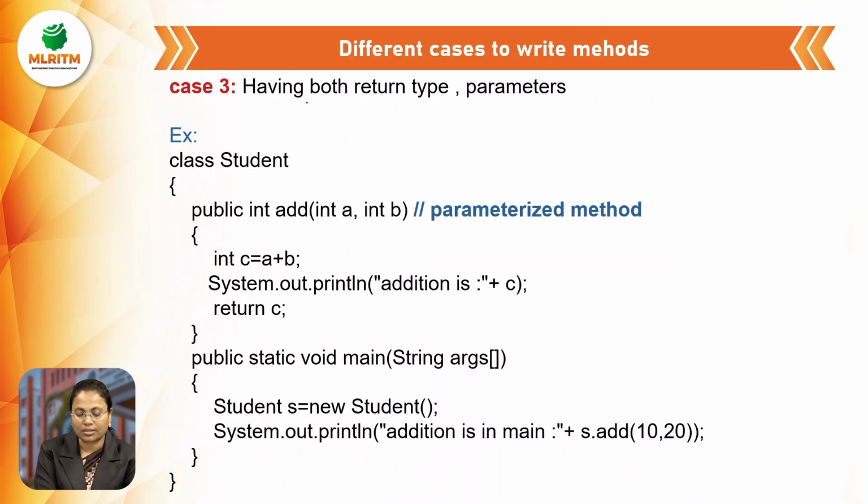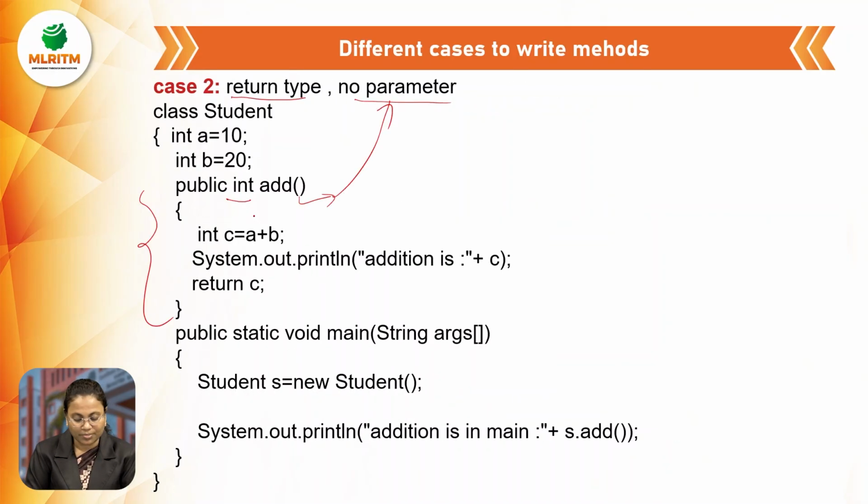Next, case 3. In this case, a method should have a return type as well as parameters being passed. If you observe this method, it has int as the return type, and I'm passing 2 parameters, a and b. Even in the previous program, the return type is int.